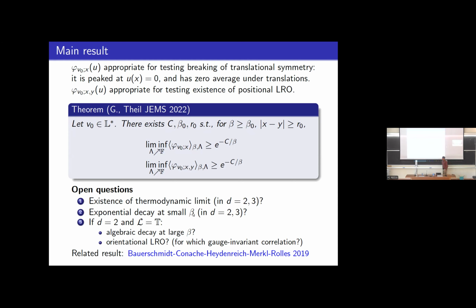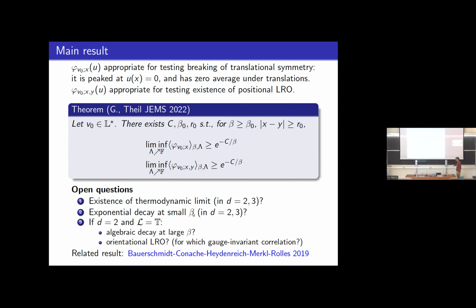For those of you who know about the Villain model, this is a sort of vectorial or tensorial analog of it, a model introduced by Villain in connection with the analysis of Kosterlitz-Thouless on the XY model.